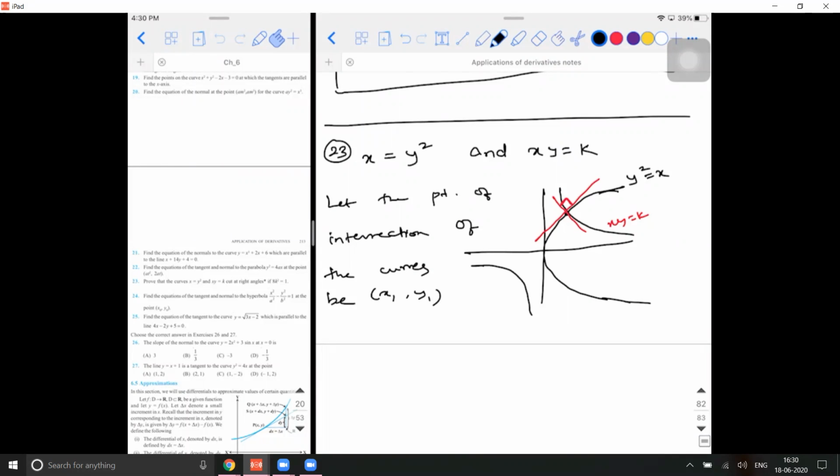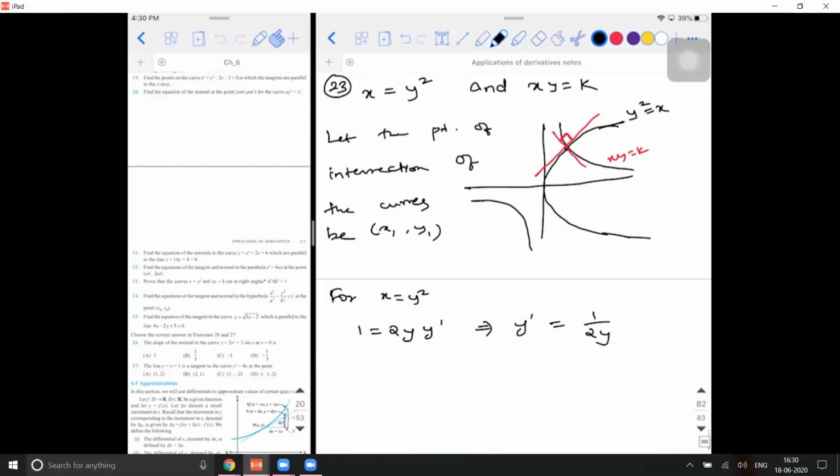Then for x is equal to y square, differentiating on both sides, 1 is equal to 2y into y dash, which implies y dash is equal to 1 by 2y. So the value of dy by dx at x1 comma y1 will be 1 by 2y1. Let me take this as equation number 1.